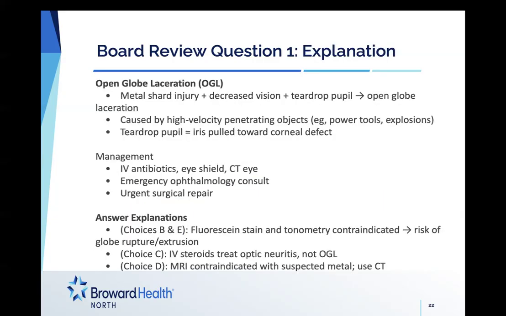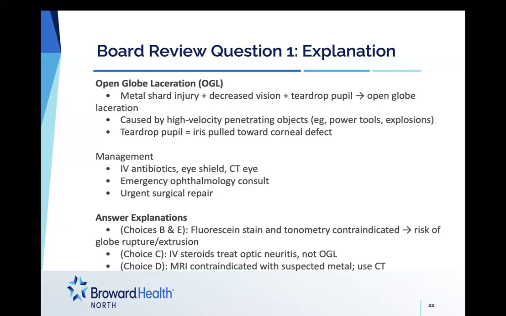So just going over the explanation. The patient has what we refer to as an open globe laceration. They got a metal shard injury, which led to decreased vision and teardrop pupil. Those are pathognomonic for open globe laceration. You usually see it in patients that are working with high velocity objects such as power tools or explosions.